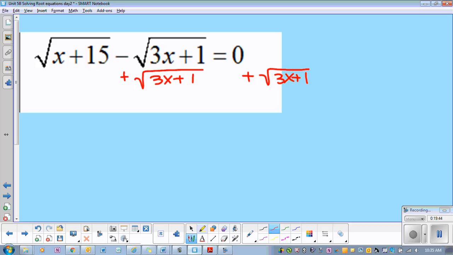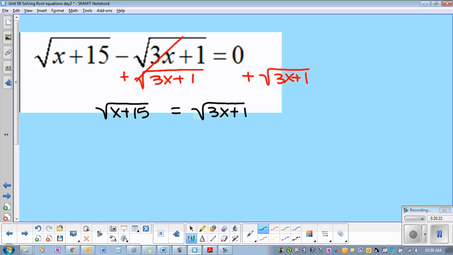So then that goes away, and we have square root of x plus 15 equals the square root of 3x plus 1. Questions about that? You're not writing this down? All right, so now just look on one side. You have a root. How do you get rid of the root? Take it to the power.